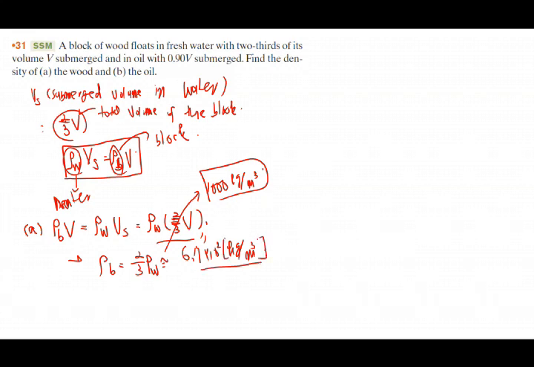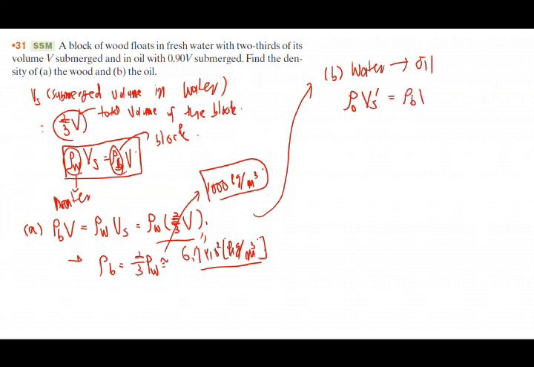And now if you replace water with oil, the ambient fluid changes from water to oil. Then the density of oil times the volume of the block displaced by this oil is the same as the gravitational force on the block.